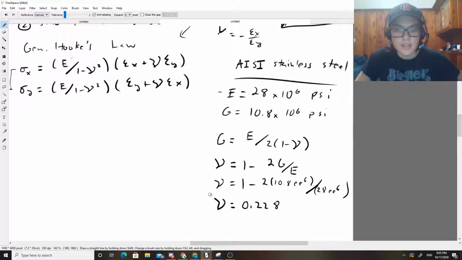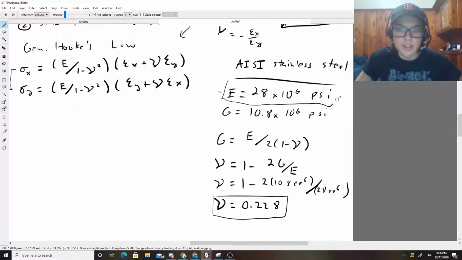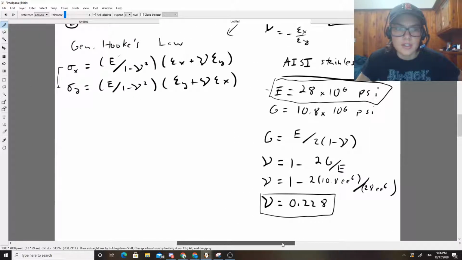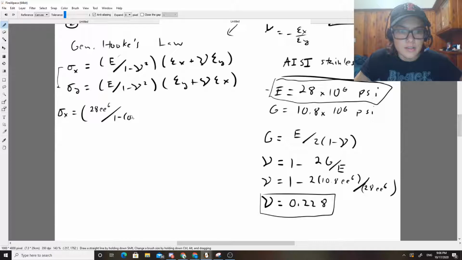Okay, so now that we have our constants that are important for generalized Hooke's law, all we have to do is plug numbers in. So I'm going to go ahead and do that. We'll find stress at x is going to be equal to the modulus of elasticity, which is 28 E to the 6th, divided by 1 minus 0.228 squared, times strain at x.